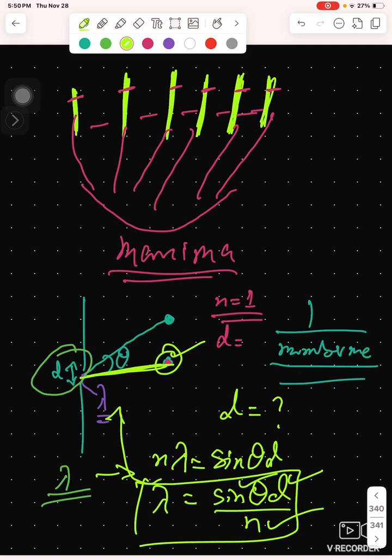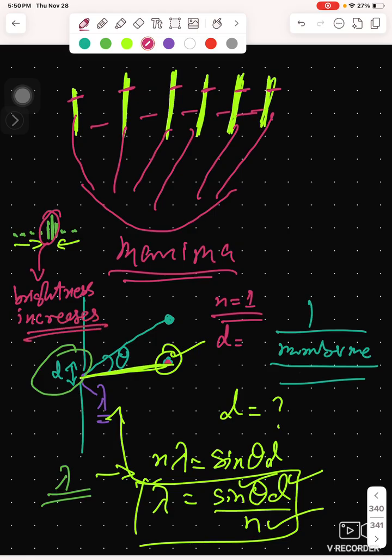Okay, and one more thing you might have noticed over here, that as we are reaching the middle, the brightness increases, and as we go away it decreases.